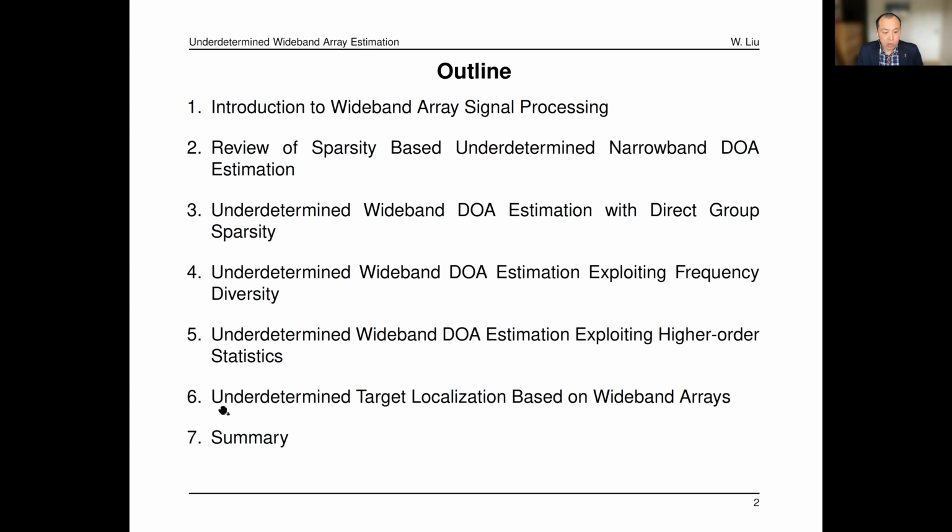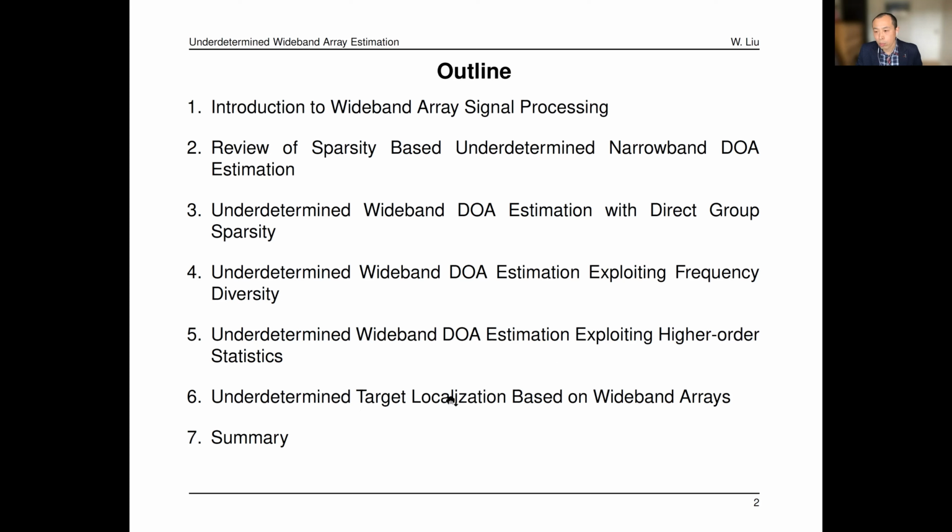And then section 6 is underdetermined target localization based on wideband arrays. Traditionally for target localization based on DOA estimation, you have multiple subarrays, and each one will estimate the direction of the target. And then with the direction information, you can find the location of the target.